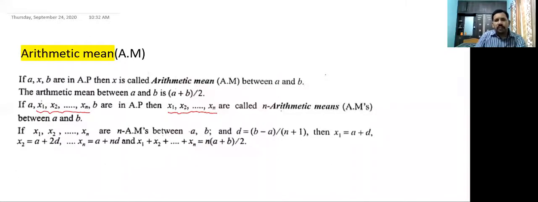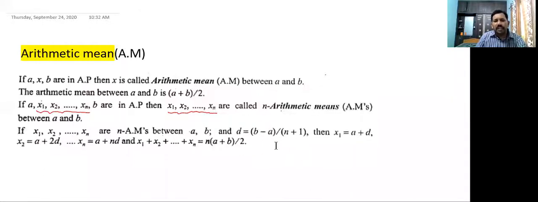Now, if x1, x2, x3 and so on xn are n arithmetic means between a and b, then d, the common difference, is equal to (b minus a) divided by (n plus 1).